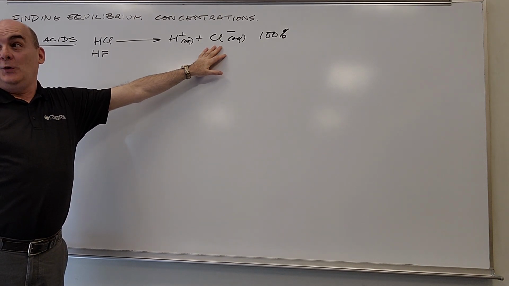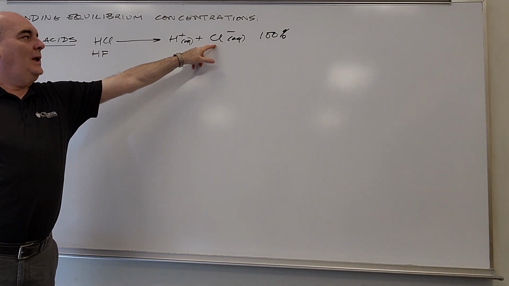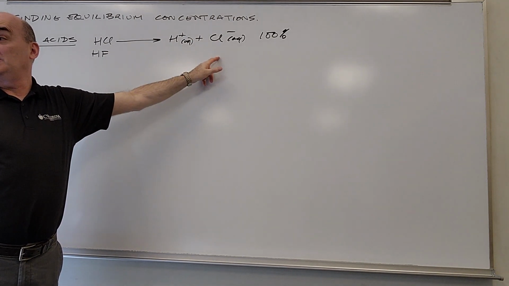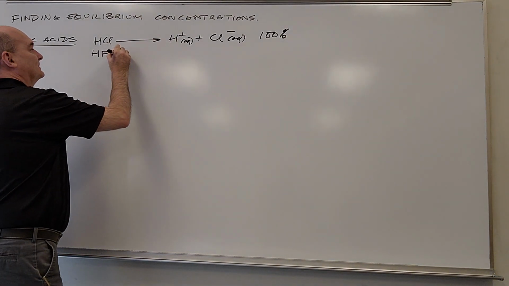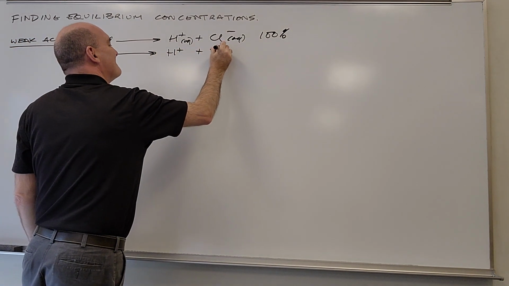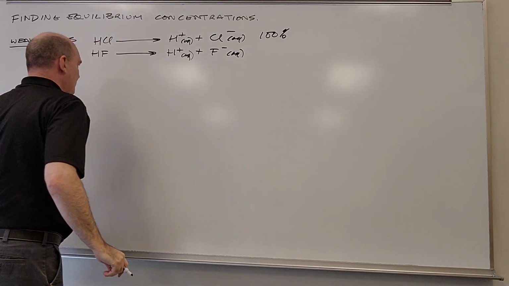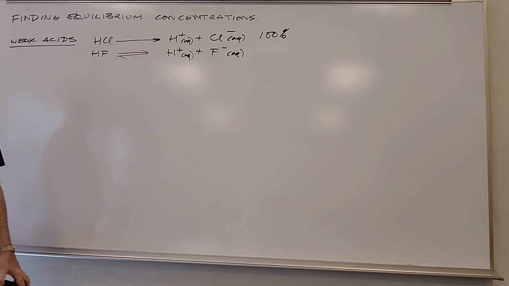And we are told that this is such a strong electrolyte that there's nothing you can do here to make it reattach. That the H pluses and the Cl minuses don't want to reattach to ever come back to being HCl, which may or may not be true. On the other hand, HF only puts some of its H plus into solution.